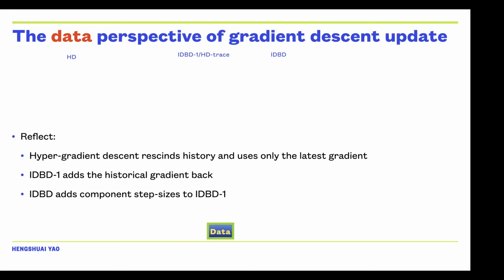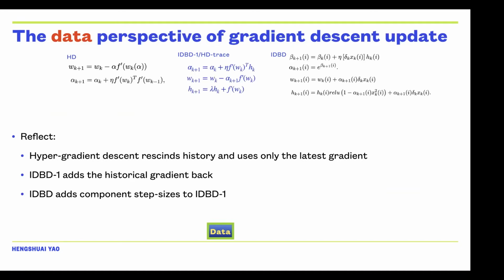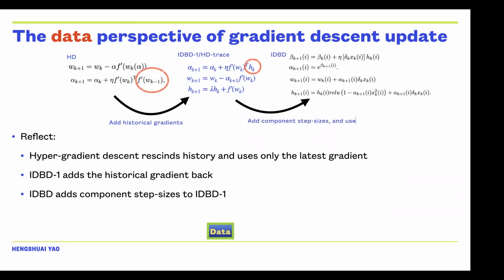Previously, we reviewed hypergradient descent and IDBD. We also drew a connection between the two algorithms using IDBD1, a new algorithm. So it appears that all three algorithms measure where we are by some sort of correlation between historical information and the current gradient.